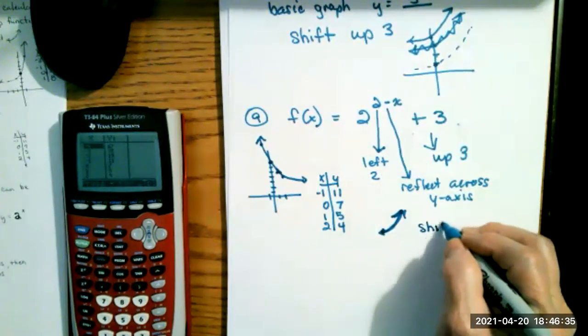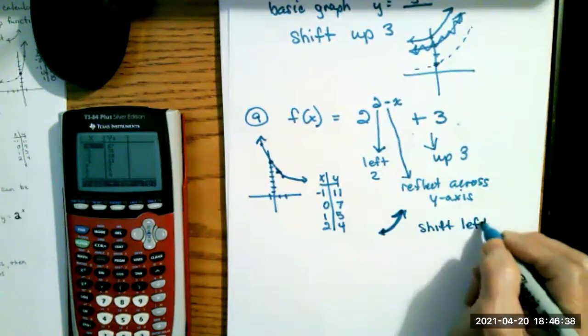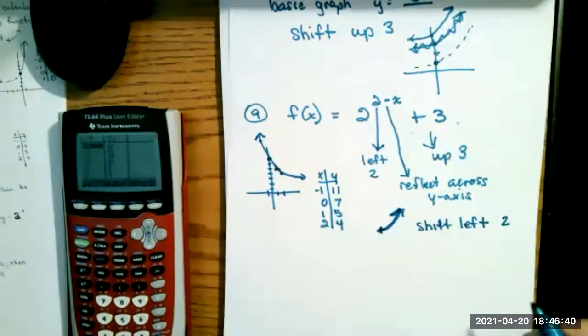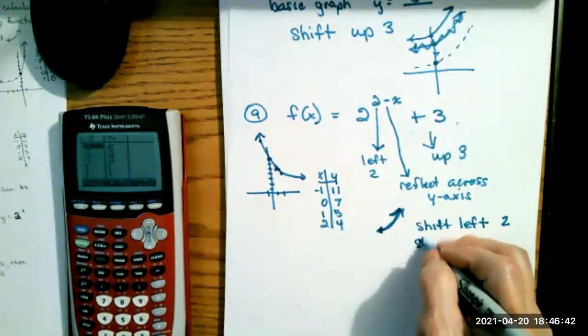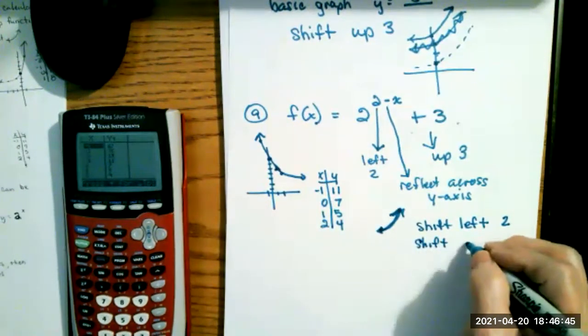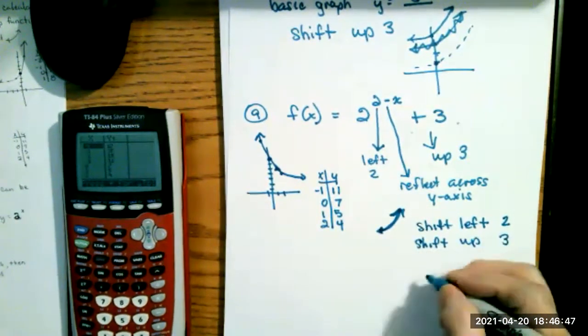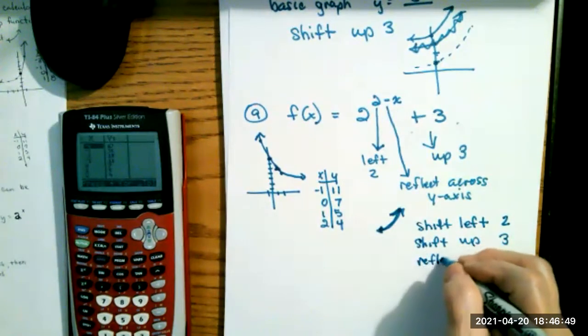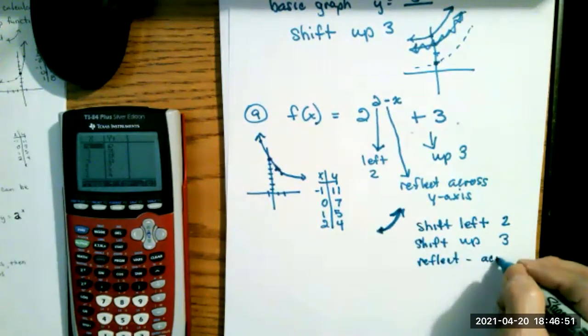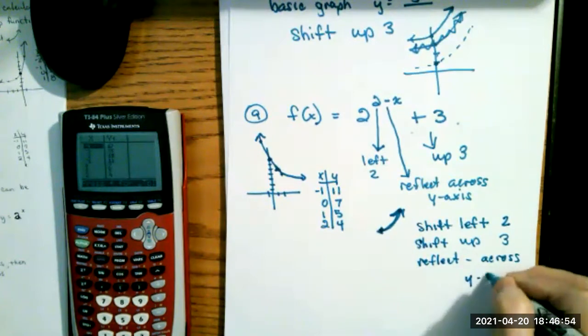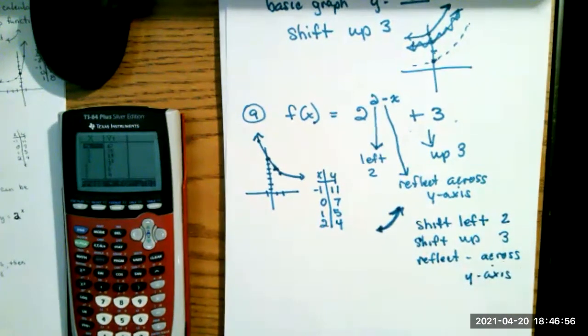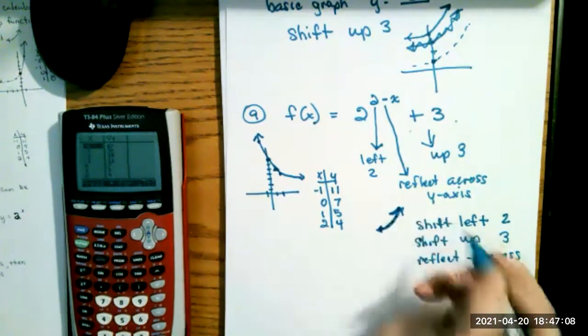It'll say shift left and then you'll put the number of units, shift up, and you'll put the number of units, and then it'll say reflect, and you'll say across the y. So you may have some issues trying to graph those until you get used to them. And I don't remember how many dots it takes, probably 3.